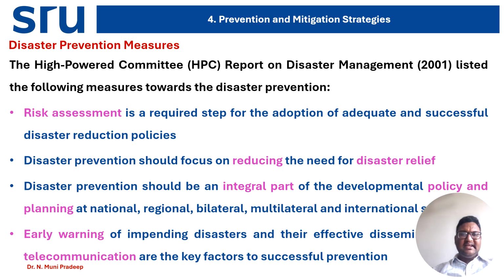Integrating disaster prevention into development planning means asking at every stage of every developmental project: does this project increase or decrease disaster risk? These are the questions we have to pose. Whatever project we are about to start, will it increase or decrease the disaster risk?